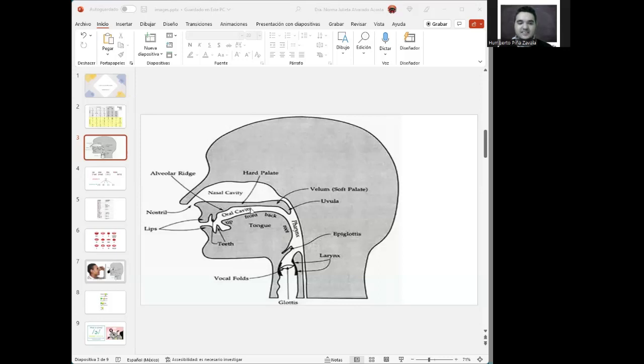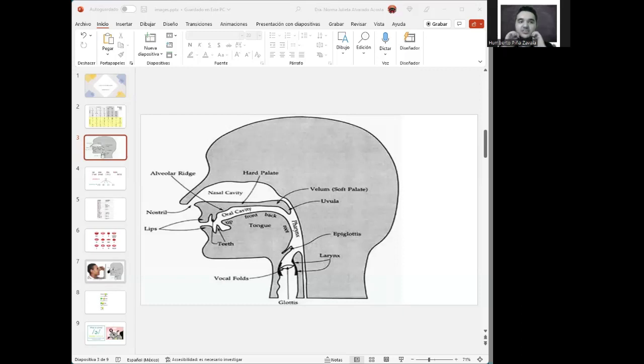Now the hard palate. This is what we call the roof of your mouth. The hard palate or the roof is located between the alveolar ridge and the soft palate and uvula. To make sounds, the middle of the tongue touches the hard palate while pushing air in with a slight rubbing sensation.